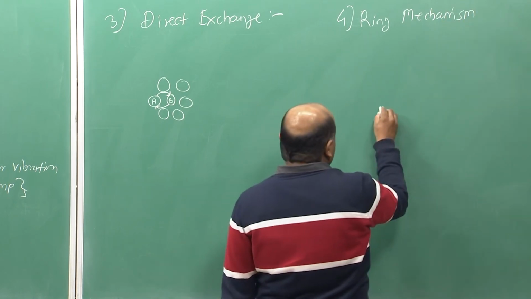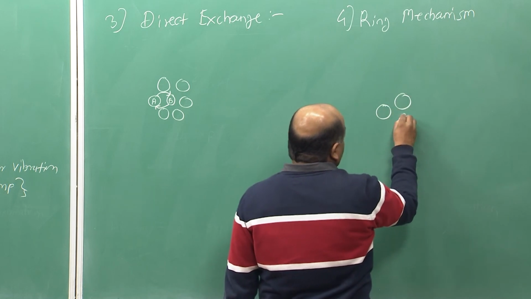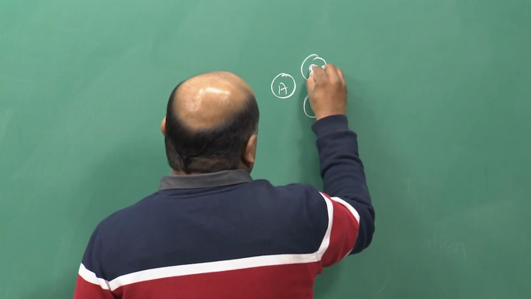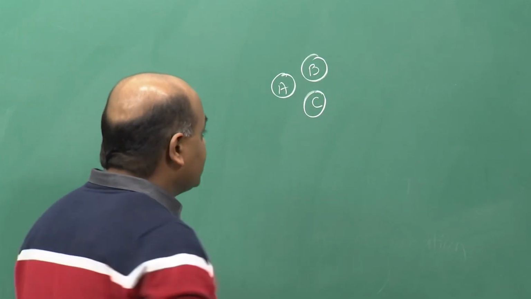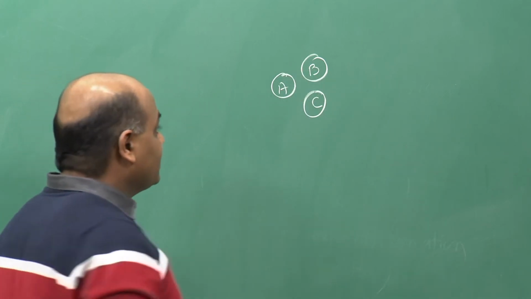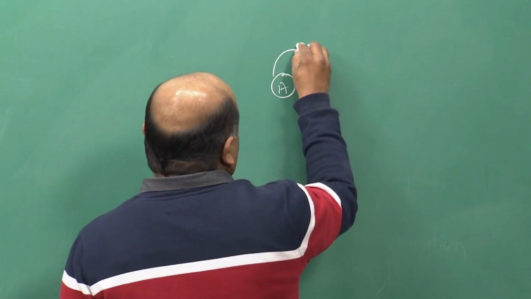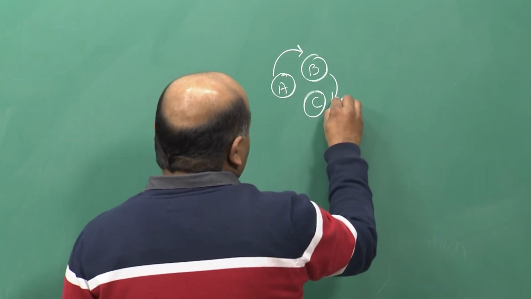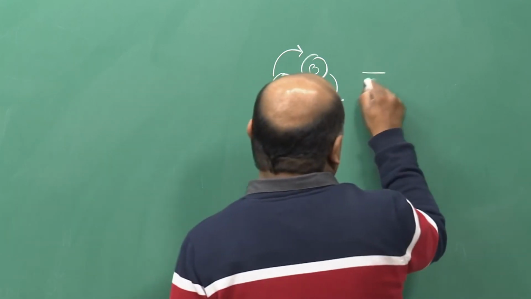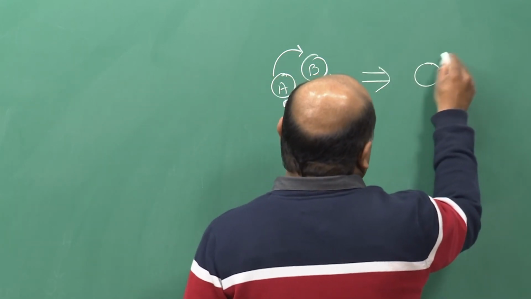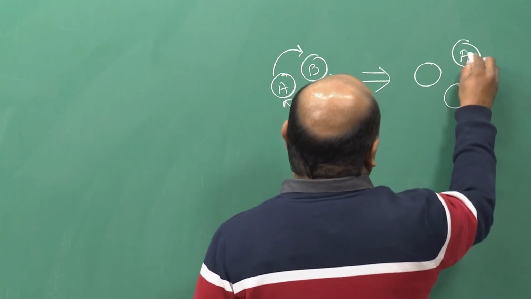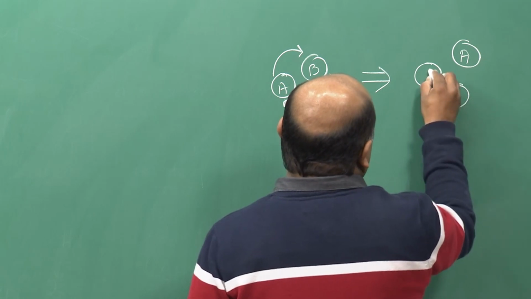In this case, a minimum of 3 atoms are involved. Let us call them A, B, C, and they exchange their positions among themselves in a ring fashion. A will move to B, B will move to C, and C will move to A. So, after diffusion, the configuration is that A has moved to B, B has moved to C, and C has moved to A.